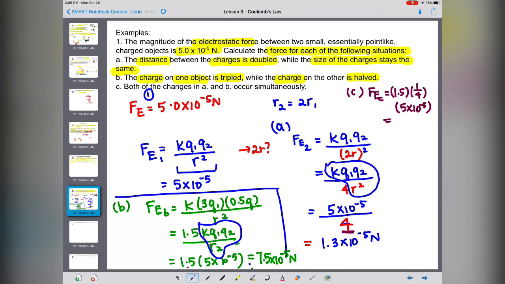I double the charge, I triple one of the charges, half the other charge, and then I double the distance. So 1.5 divided by 4 times 5 times 10 to the negative 5. I got 1.875, so 1.9 times 10 to the negative 5 newtons.